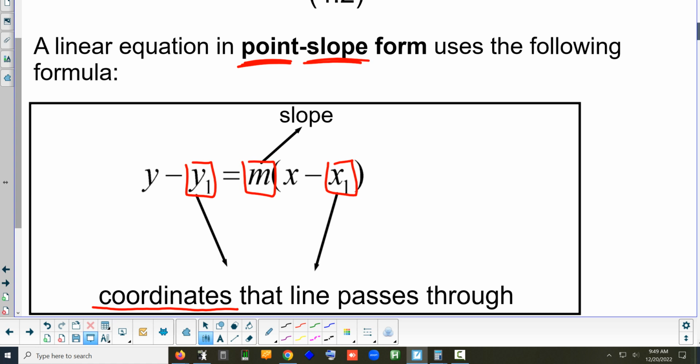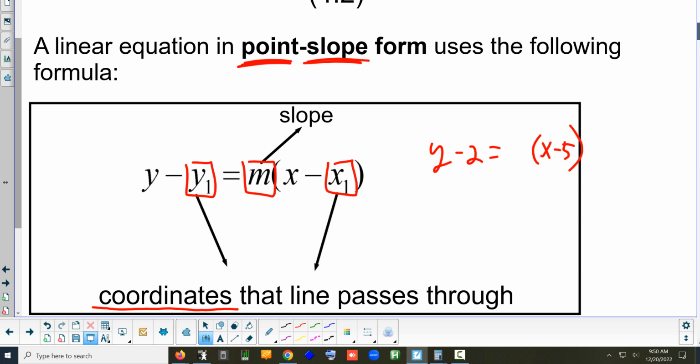The three things that I just put a box around, those are the three things you have to find. Just like when we did y equals mx plus b. We had to find the m, and we had to find the b. Today, we have to find the m, and we have to find the x1 and the y1. So when you write a final answer today, this is just an example, I'm just making up these numbers. Say y minus 2 equals m times x minus 5.